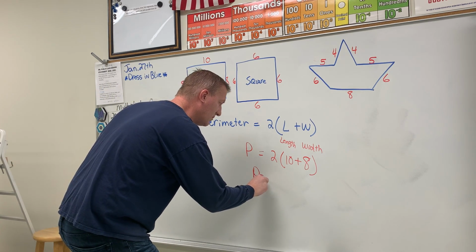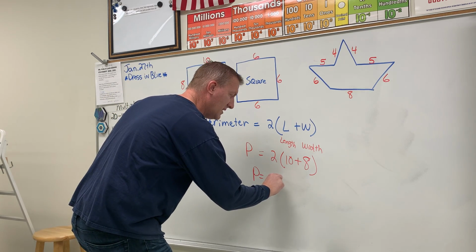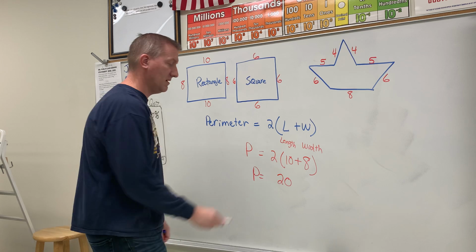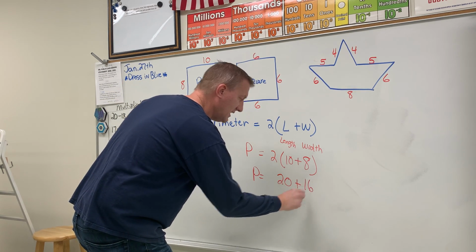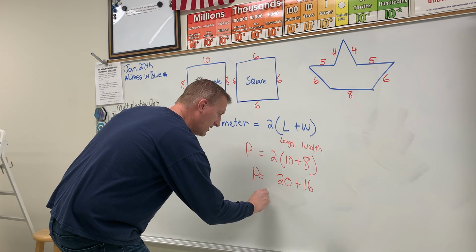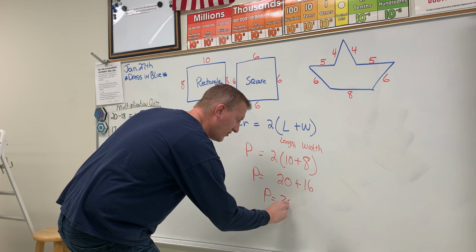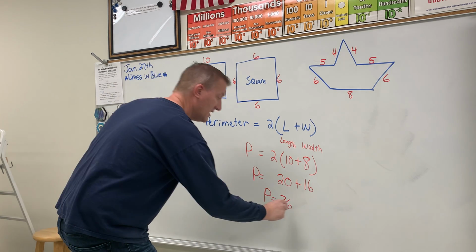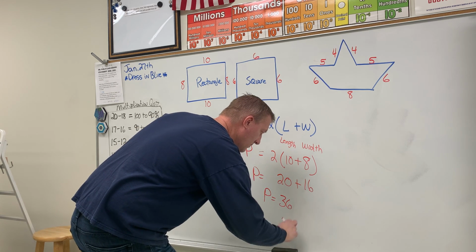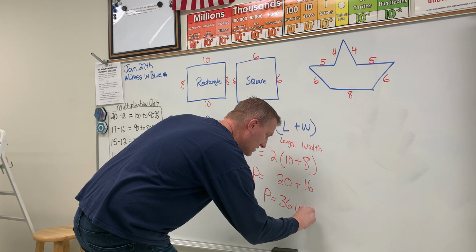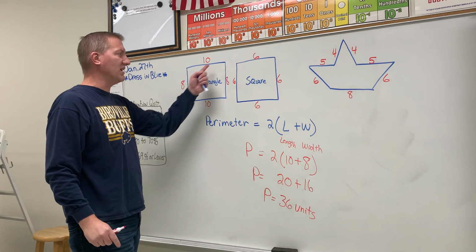So P equals 2 times 10. What's 2 times 10? Yep, 20. And 2 times 8 is 16. So the perimeter equals 20 plus 16, or 36, and we just call that units, because it doesn't say anything up here, it doesn't say feet or inches.